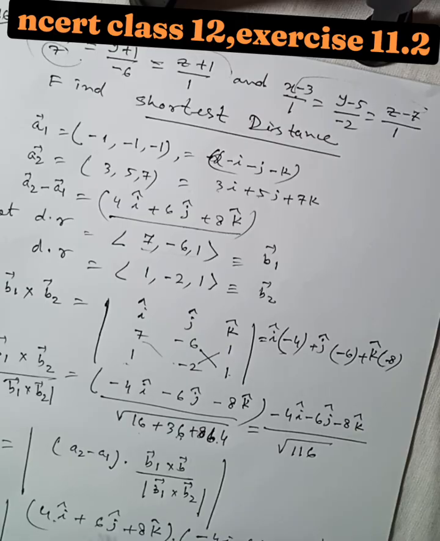Now multiply this: 16 plus 36 plus 64. We drop the negative sign because shortest distance is always positive.